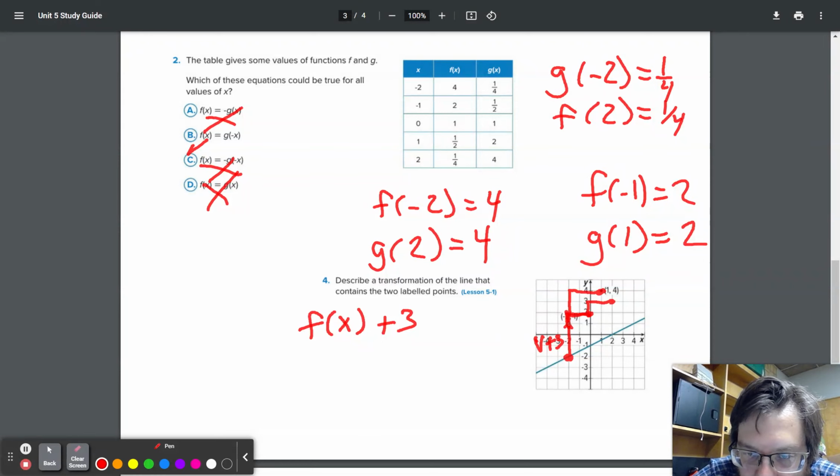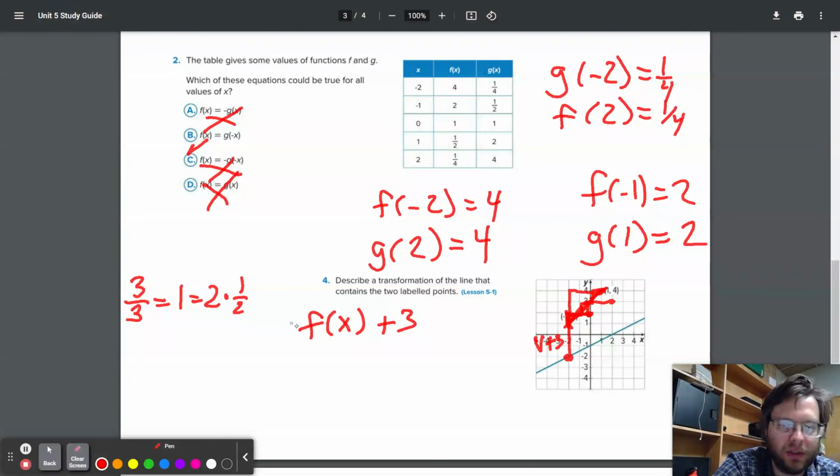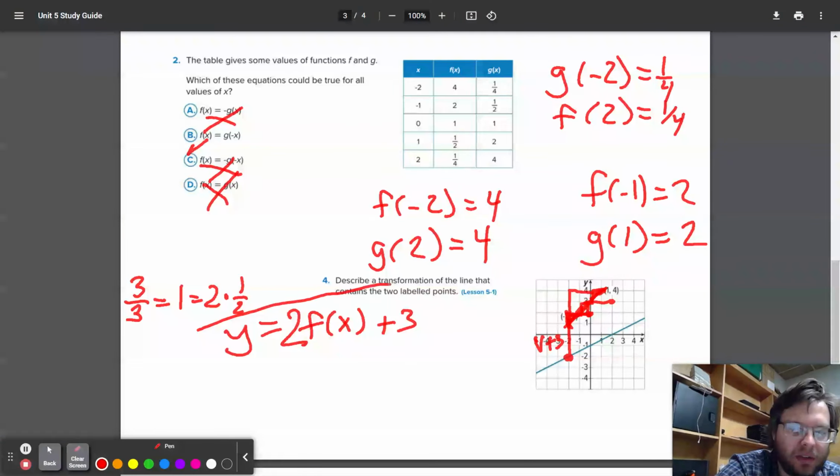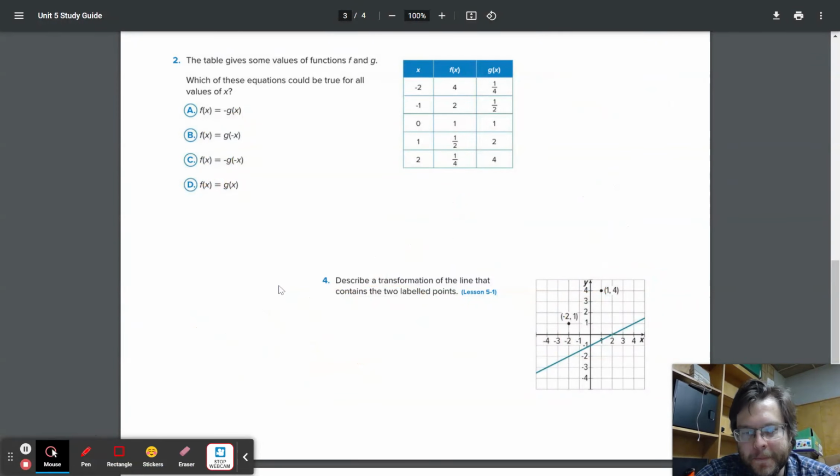Notice that going up 3 and over 3 is the same as going twice as steep as the other one. The reason I know that is because 3 over 3 is equal to 1, and that's equal to 2 times my old slope of 1 over 2. So I can put a 2 right here, and then this is going to be my new line. Twice as tall vertically and 3 steps higher.